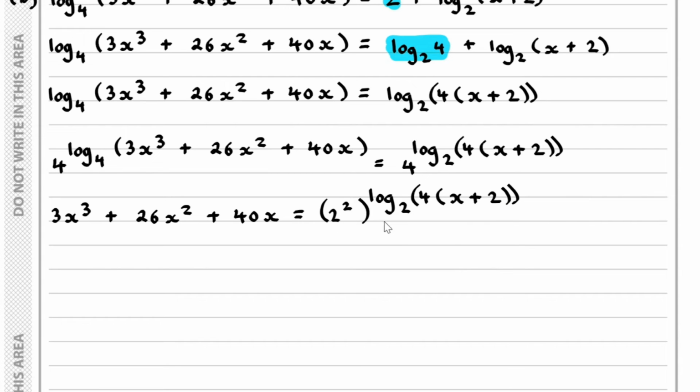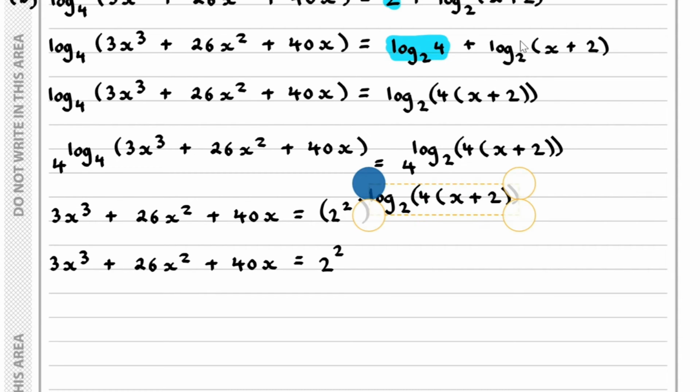And if I use the laws of indices, the left hand side remains the same, but on the right hand side, I've got 2 to the power of 2 times the log base 2 of 4 lots of x plus 2.